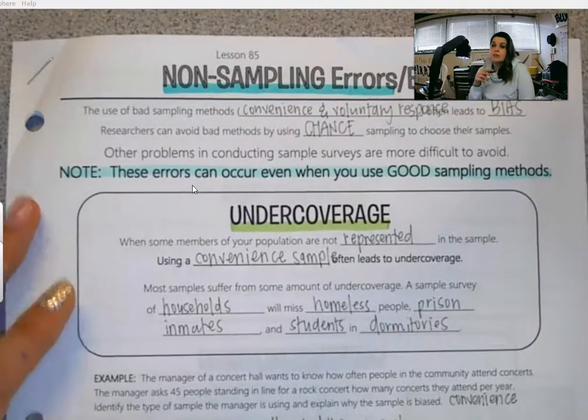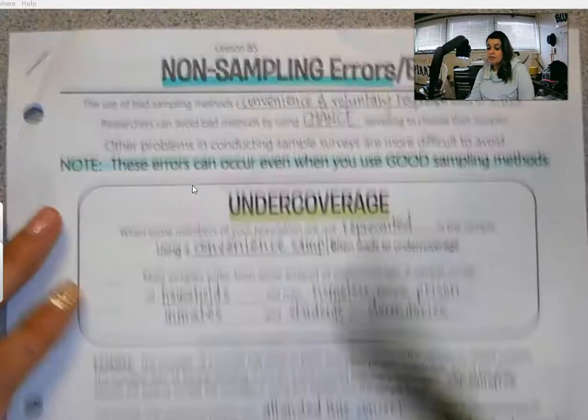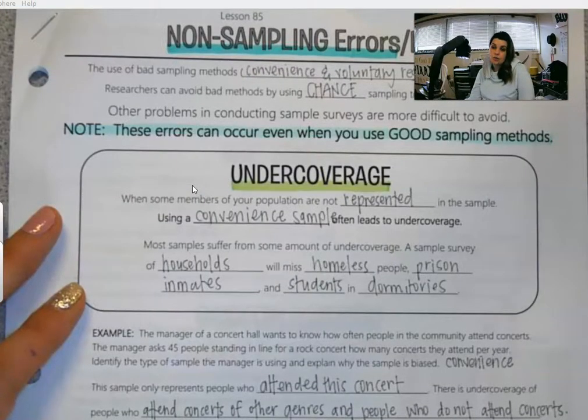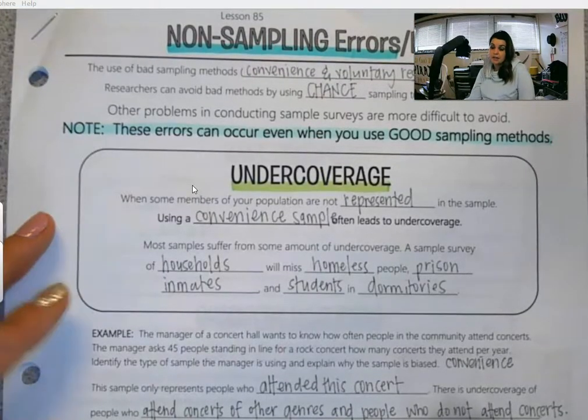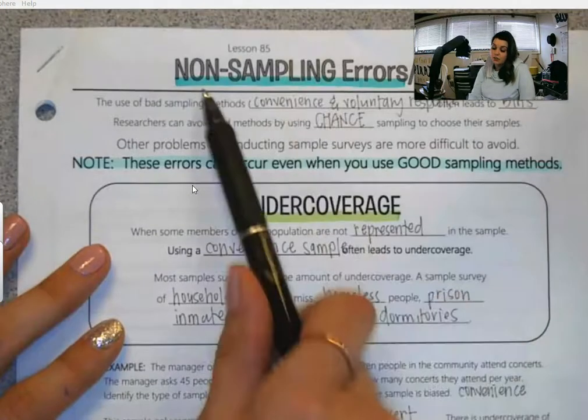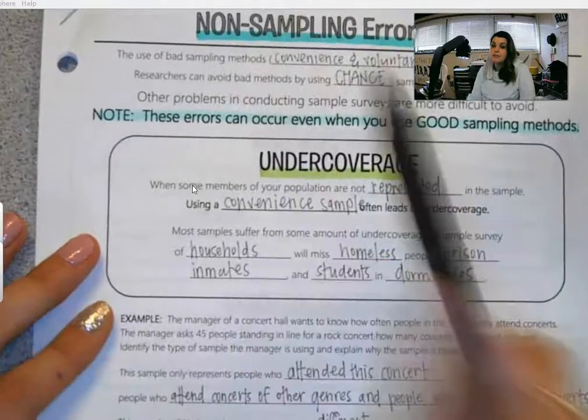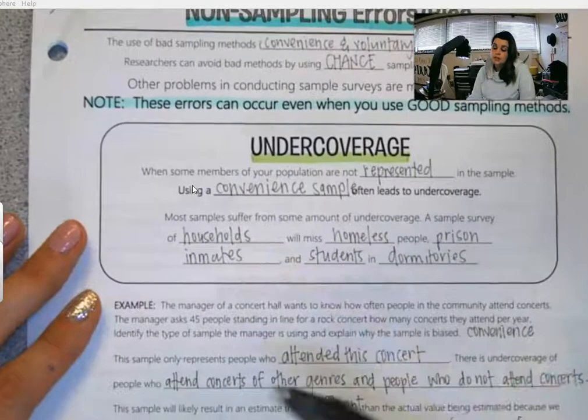Then we talked about good sampling methods, and now we're ending with these errors or things that could lead to bias. The reason that we save this for last is because these are non-sampling errors. These happen even when you take a good sample.